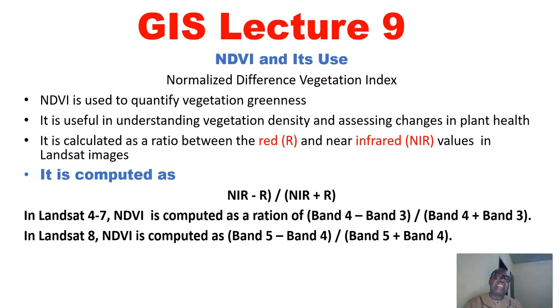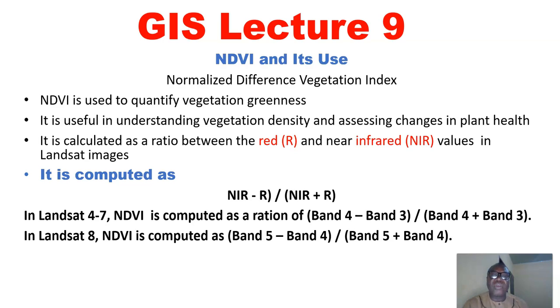So when we look at the near infrared band and the red band, which can capture effectively and efficiently the vegetal cover, we can now ratio it. It's part of the image ratioing analysis. We are still going to consider image ratioing systems in our subsequent edition of the GIS lecture.